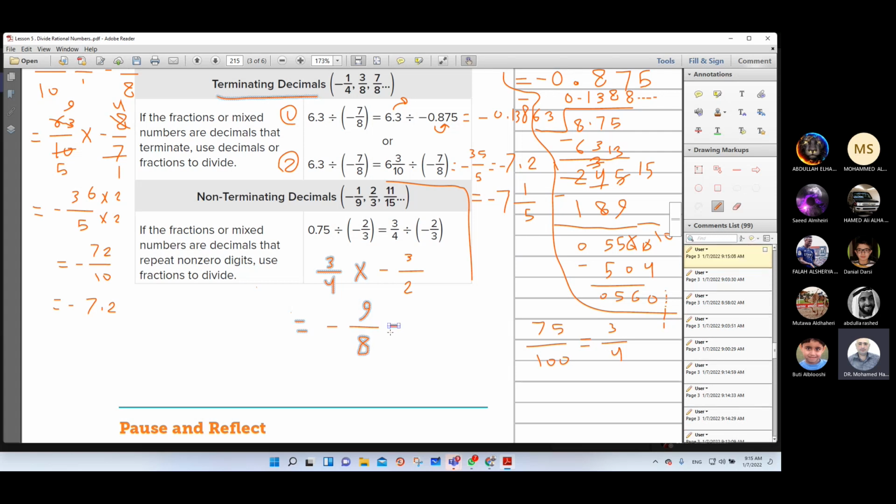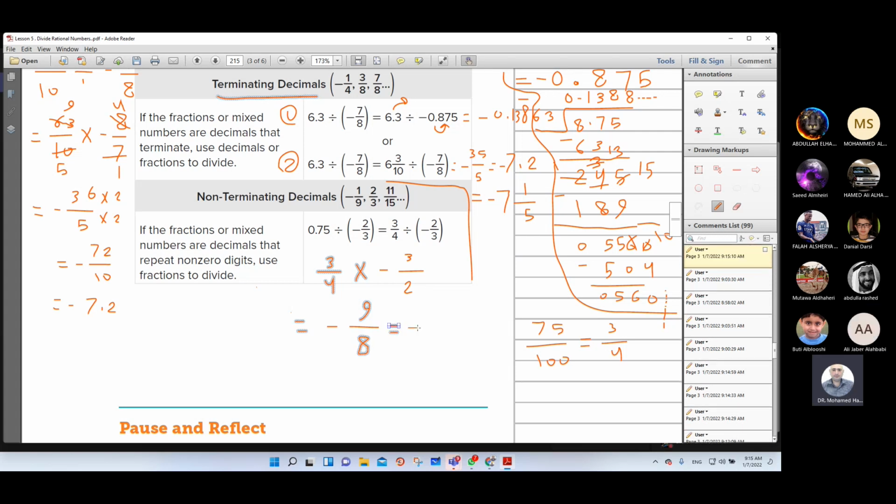You can change this answer to a decimal, and you can change this fraction to a mixed number. Do long division. 9 divided by 8 equals 1. 1 times 8 is 8. 9 minus 8 will be 1.